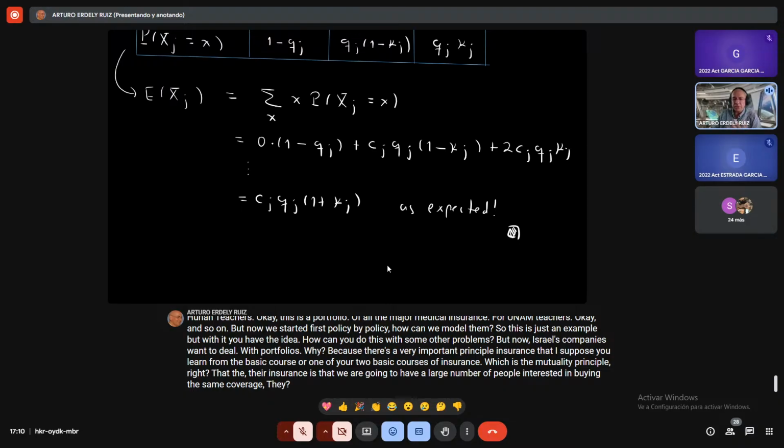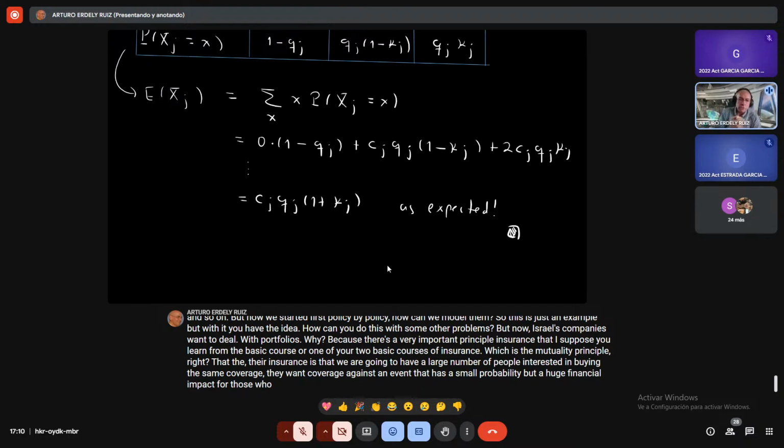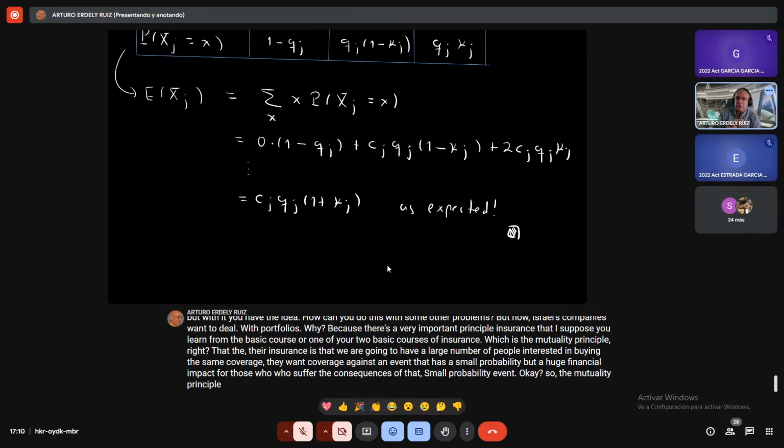They want coverage against an event that has a small probability, but a huge financial impact for those who suffer the consequences of that small probability event, okay? So the mutuality principle, what is behind the mutuality principle is the law of large numbers in probability, right?